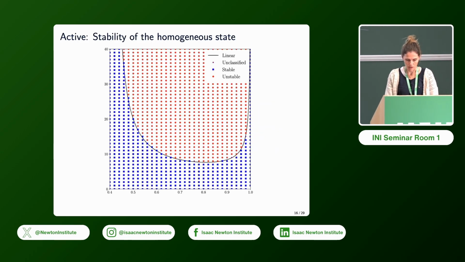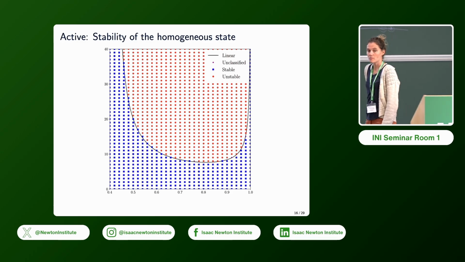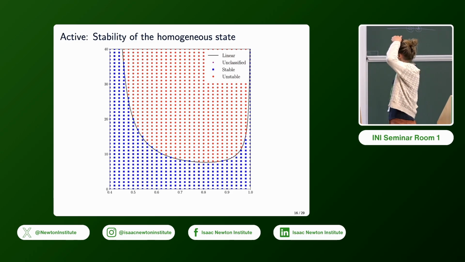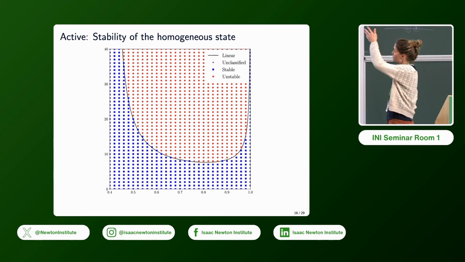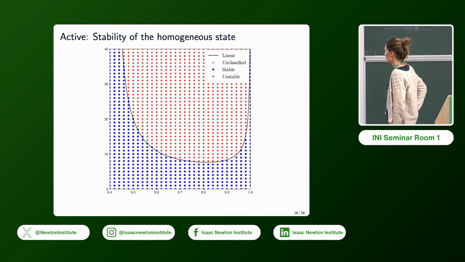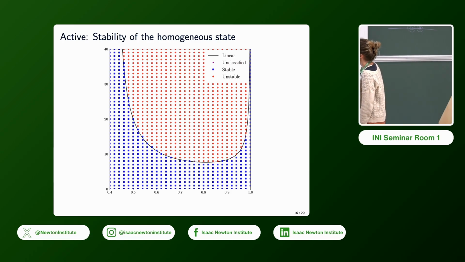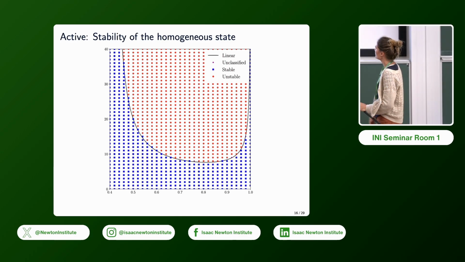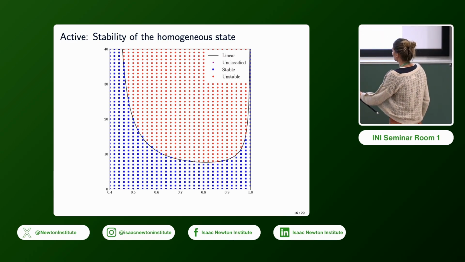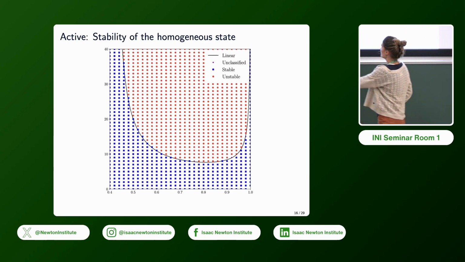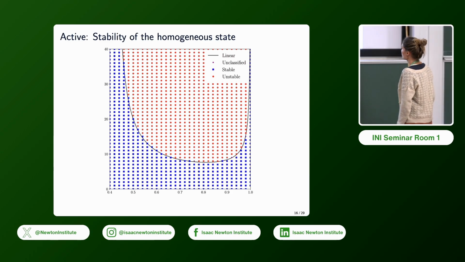Right. Okay, and so we can also look at both linear stability and then numerical simulations of the PDE to basically obtain this phase diagram. I forgot to put the axis here, but basically this is the density, and this here is the self-propulsion.